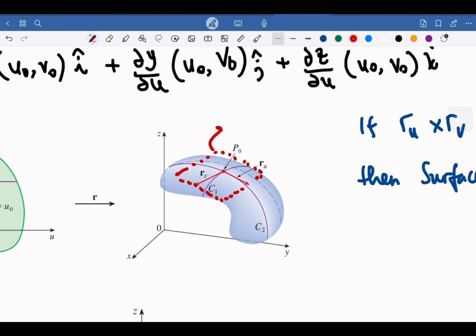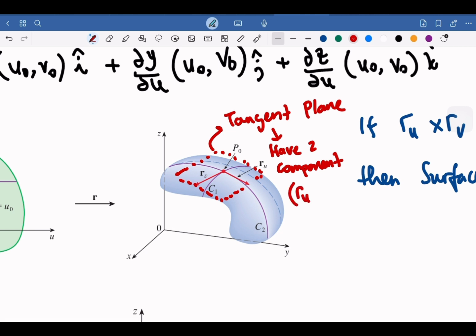So the tangent plane will at least have two components, which are Ru and Rv. This is basically your calculus 2.